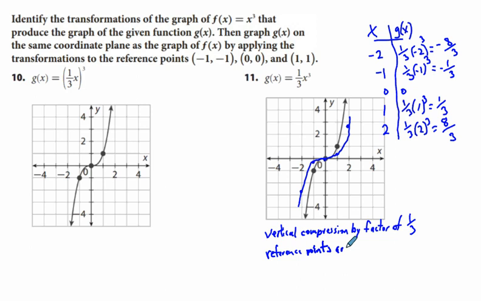Remember we took the negative 1, negative 1, well that would be this one right here. So we would have negative 1 comma negative 1/3. Our origin stays the same, so we have 0 comma 0. And our last reference point is 1 comma 1/3. Okay, so these would be our answers for problem 11.